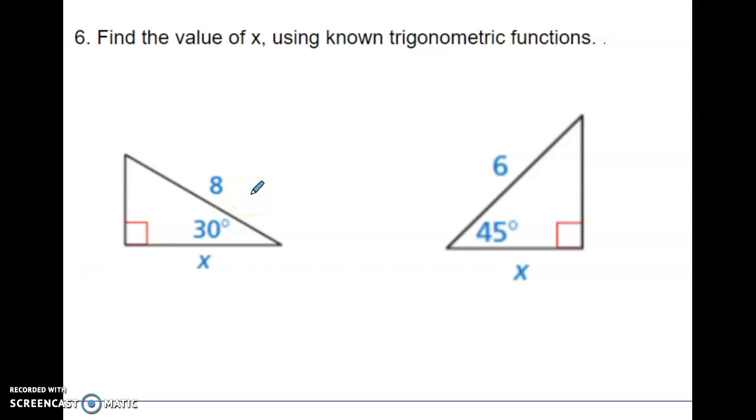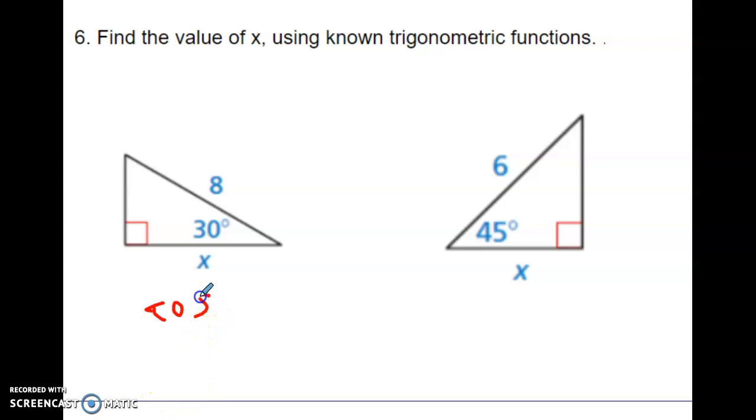Number 6, we are just going to find the value of x using known trigonometric functions. Notice this is 30 degrees, and I'm looking for x here. I have to think, what trig function uses this side that is adjacent and the hypotenuse? That is the cosine.